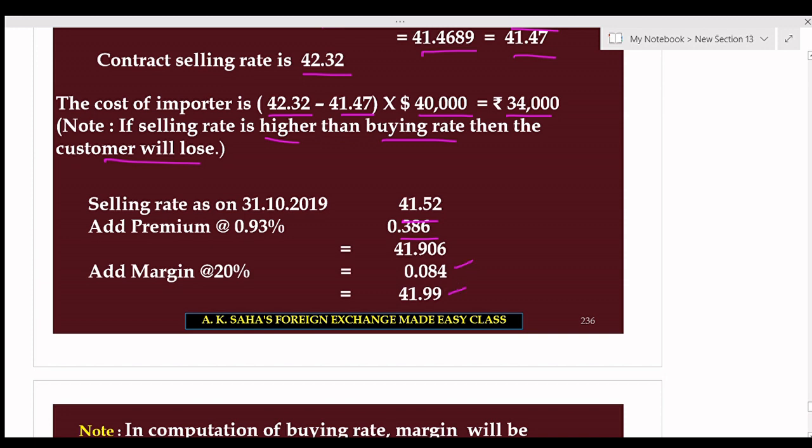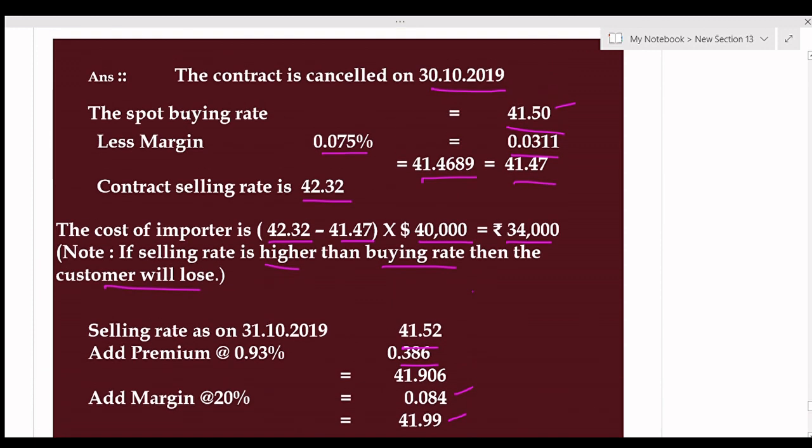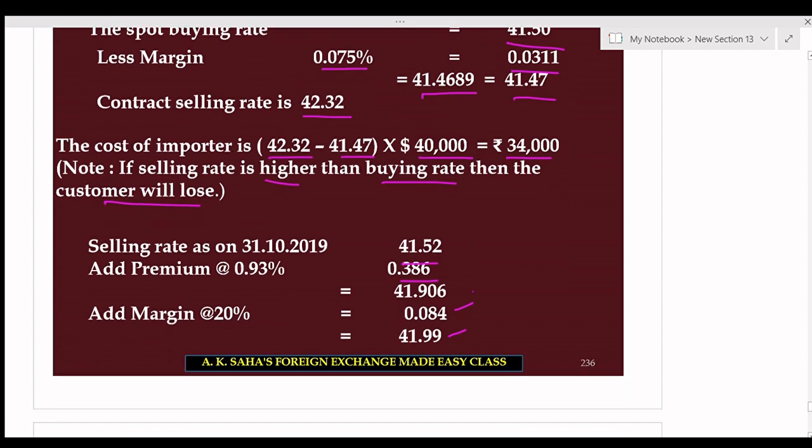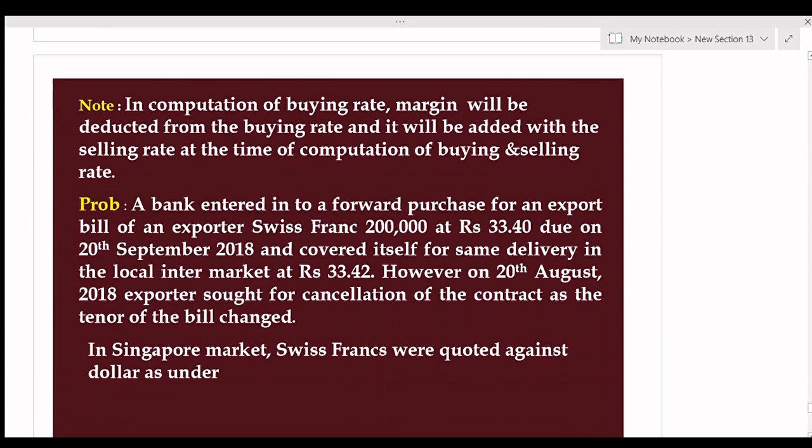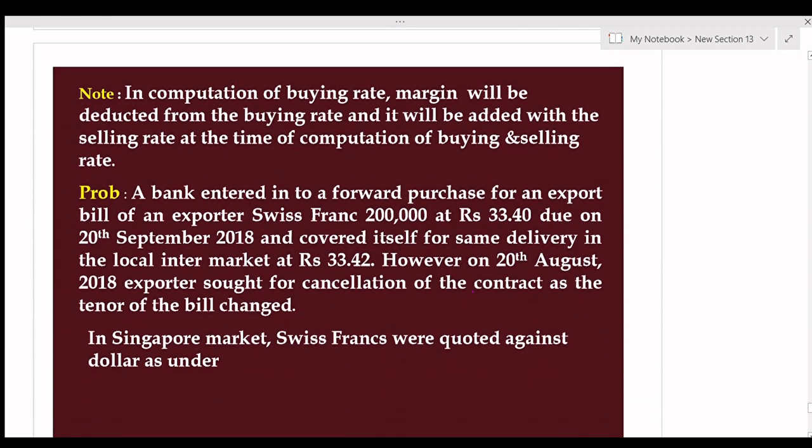It is the new selling rate for the importer. In the case of buying, you will deduct margin, and in the case of selling rate, you add the margin. In computation of the buying rate, margin will be deducted from the buying rate, and it will be added to the selling rate at the time of computation of buying and selling rates. Next problem.